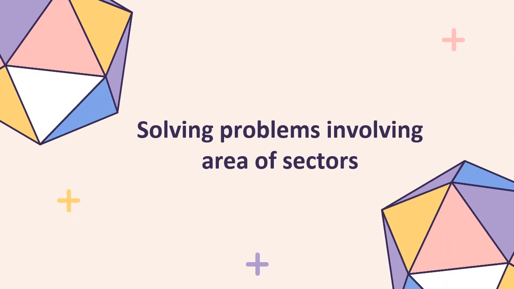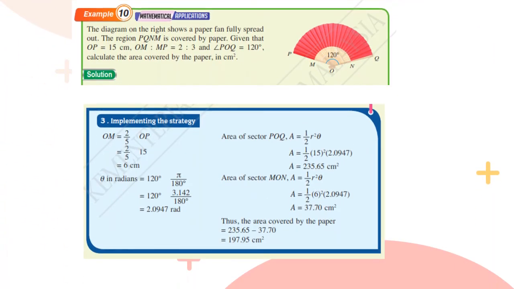Now let us move to the next part, solving problems involving area of sectors. Let's move to example 10. The diagram on the right shows a paper fan fully spread out. The region P, Q, and M, the region that is red in color, is covered by paper. Given that OP equals 15 centimeter.